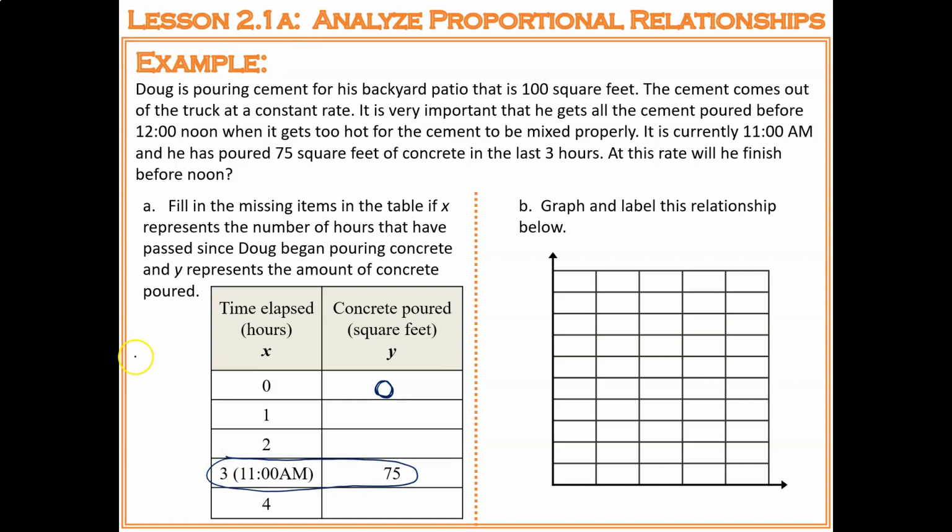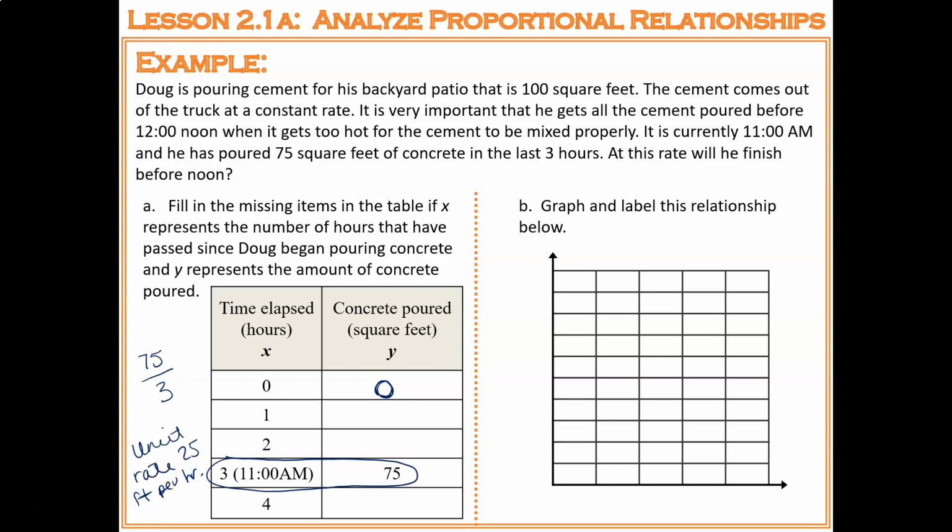We take the total amount of concrete poured, the Y, and divide by the X. So 75 divided by 3 gives a unit rate of 25 feet per hour.